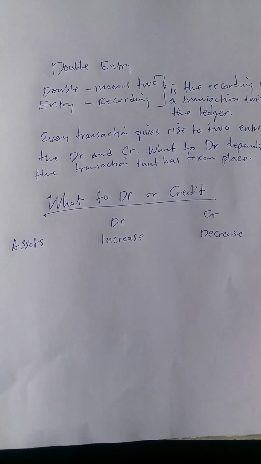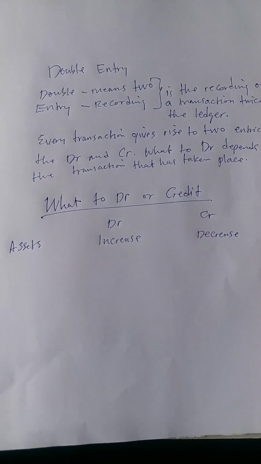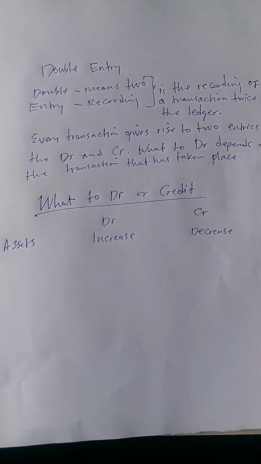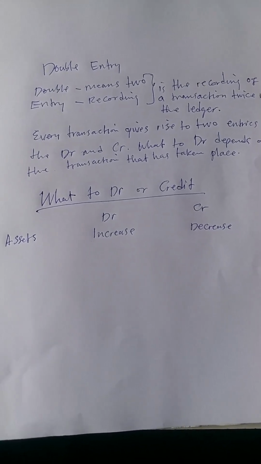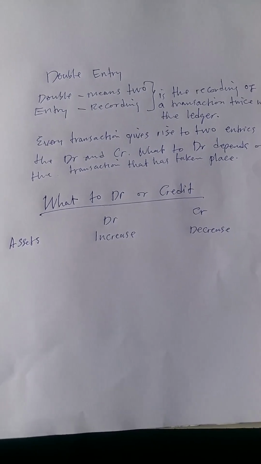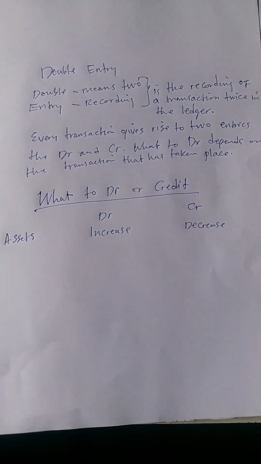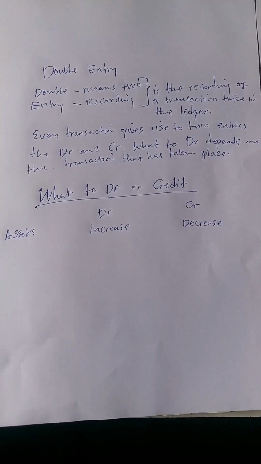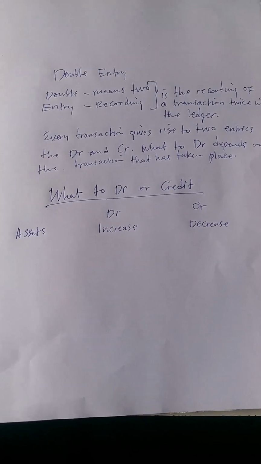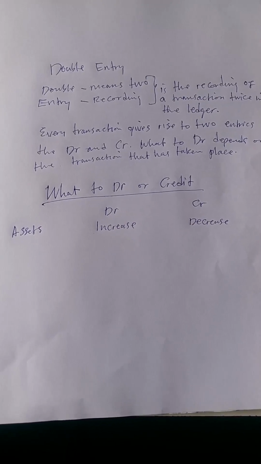When do assets increase? When you receive payment, when you receive money in your cash book or bank. And then when you pay out, your assets in form of cash decrease.